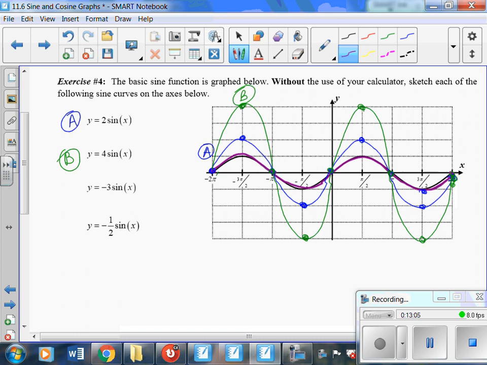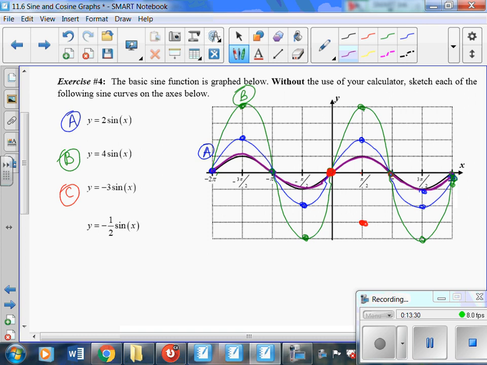Now that we flip-flop to the negative, we're going to be doing some reflecting over the x-axis. So now we know the height is still 3, but it's in the opposite direction. So our 0, follow the red. I know it's kind of hard to see it on here. Here's the red at 0. So instead of being at positive 3 when we get to pi over 2, we're going to be at negative 3.